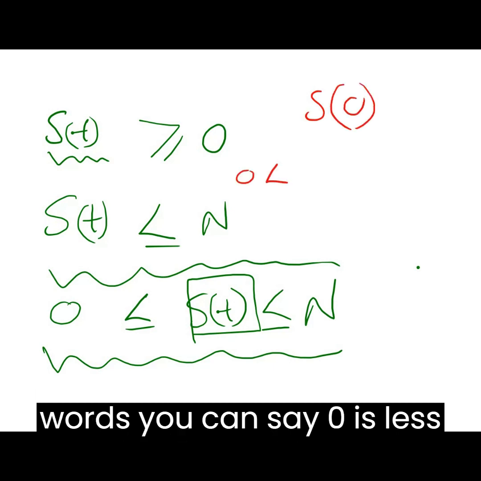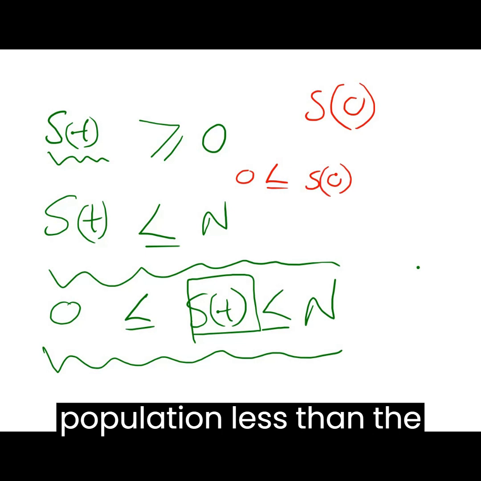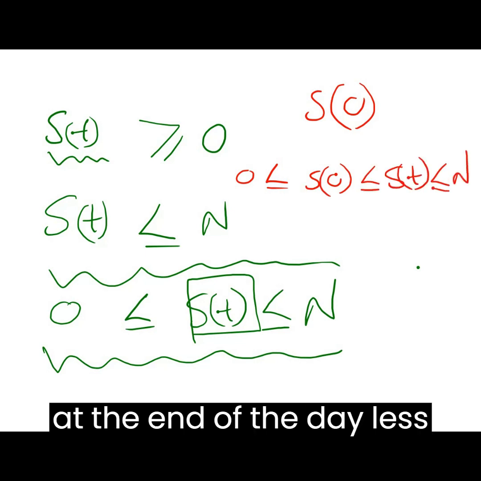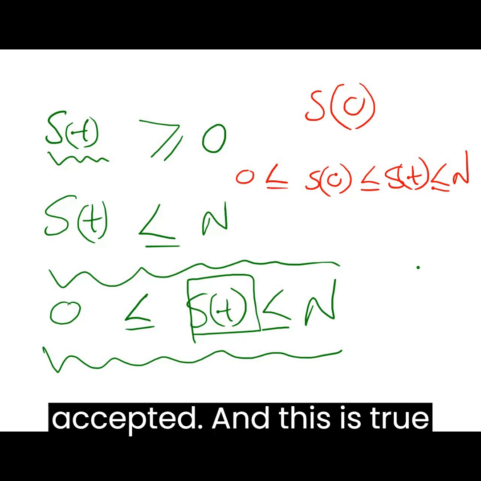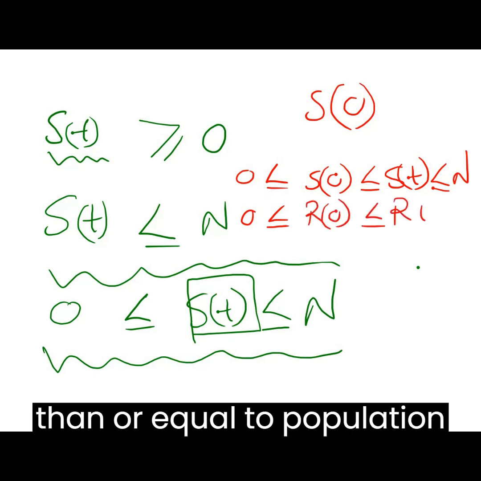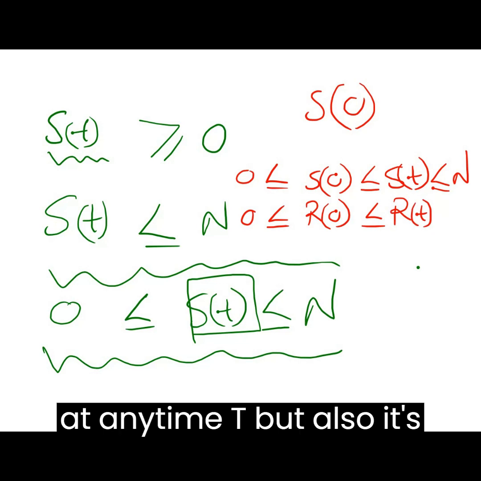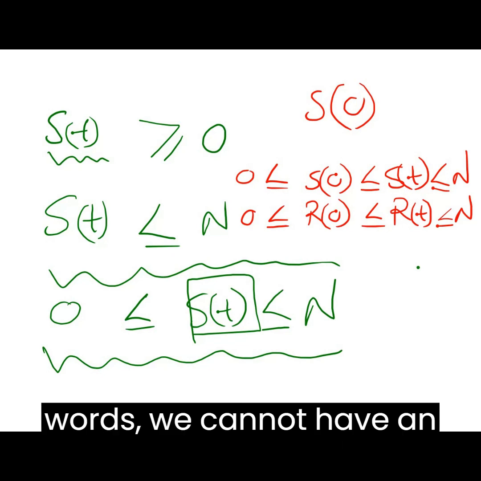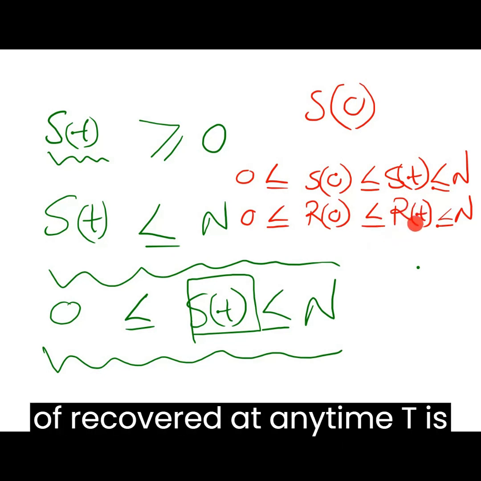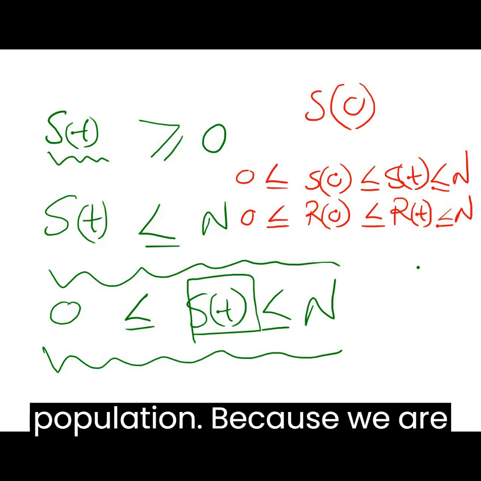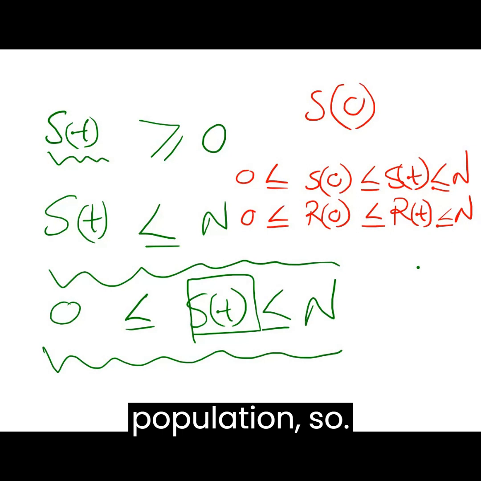So we can say 0 is less than or equal to the initial population, less than or equal to the population at any time t, but at the end of the day less than N. This is also true for R: the initial recovered population is less than or equal to the population at any time t, but also less than N. We cannot have a number of recovered at any time t greater than the total population, because we are not adding more people to the population.